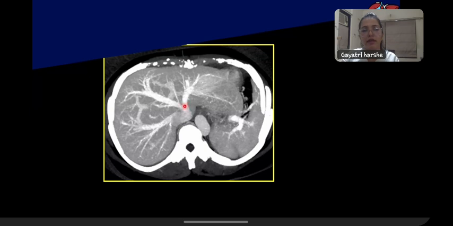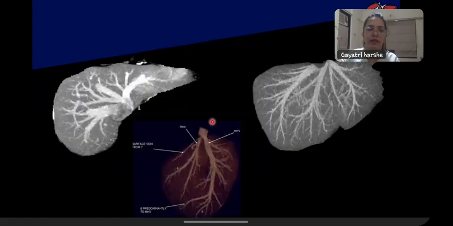This is the middle hepatic vein and the left hepatic vein forming the confluence, and that forms the common channel. So that we need to identify. This is another dominant right hepatic vein, and the common channel is here.